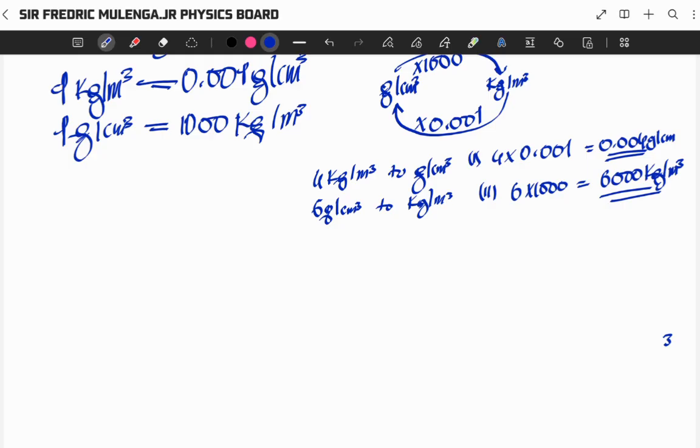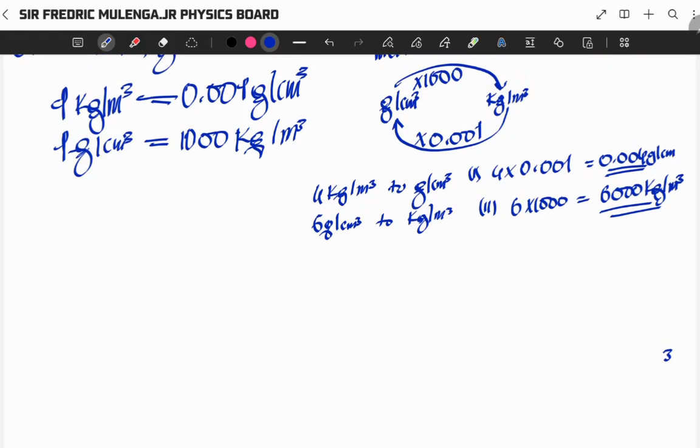Just that. Now for you to calculate density, you need to have these two physical quantities. You're supposed to have the mass of an object, and you're also supposed to have the volume of an object.